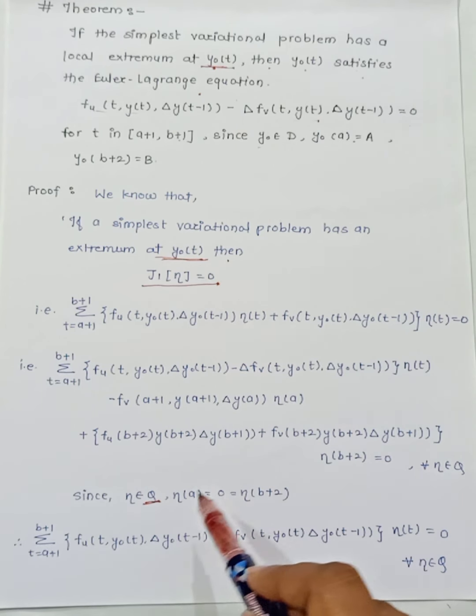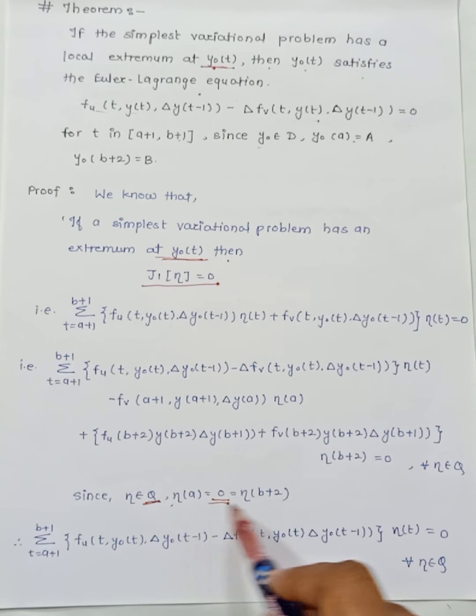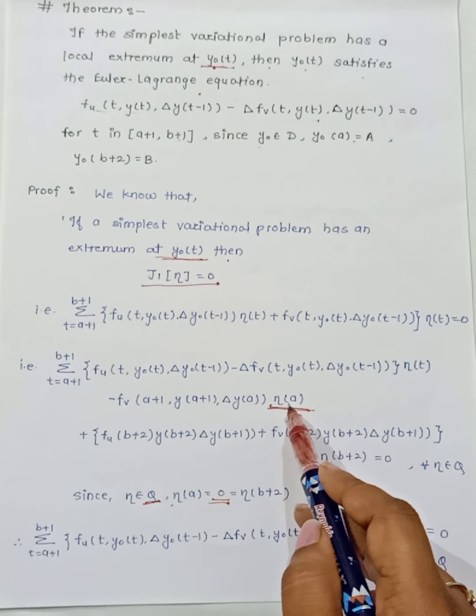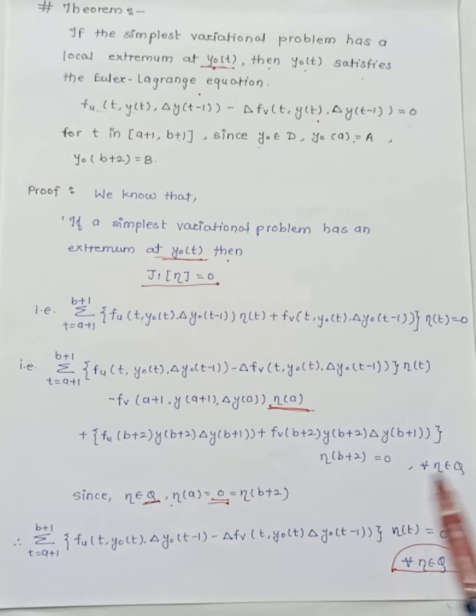So both these values are equal to 0, and since they are 0, we can put it over here, and we get summation from t equals a plus 1, fu of t, y0 of t, delta y0 of t minus 1, minus delta of fv of t, y0 of t, delta of y0 of t minus 1, into eta of t is equal to 0, and that is for all eta belonging to Q.